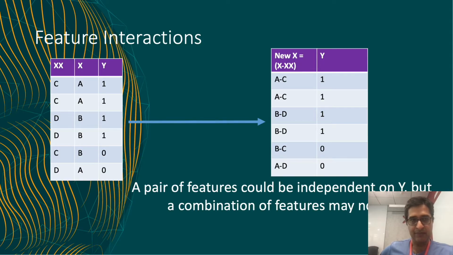Individually, these two variables are not predictive of y, but when combined together in this particular format, when the values of the new variable are a minus c and b minus d, you would see that y comes out to be 1, otherwise it's always 0. Now the filtering methods are unable to discover this, so that's a shortcoming in being able to give you the best models.